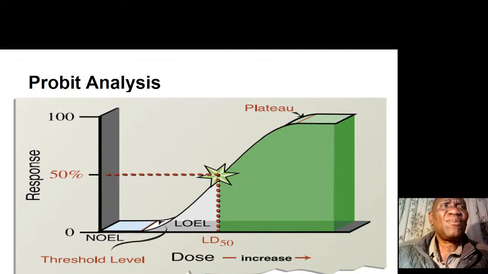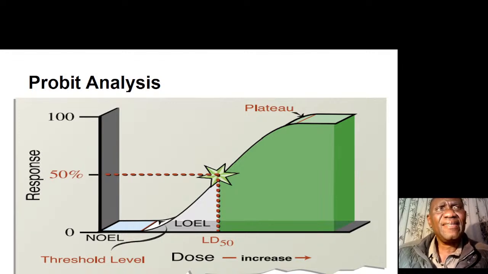Now, if you were conducting an experiment where you are varying the dosages, you are increasing them from 0 to a certain milligram per kg body weight, and on the response you have the percentage of death of the animals. You get that kind of a graph.